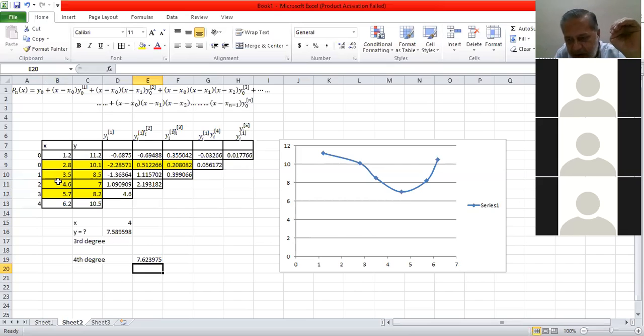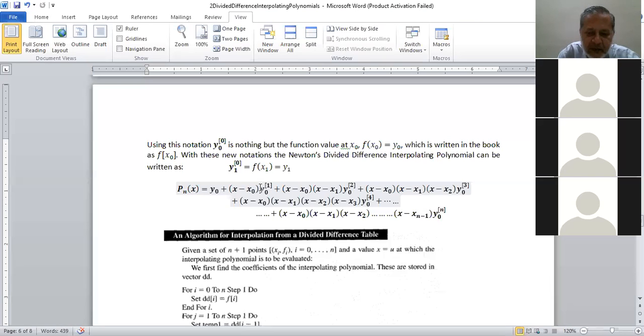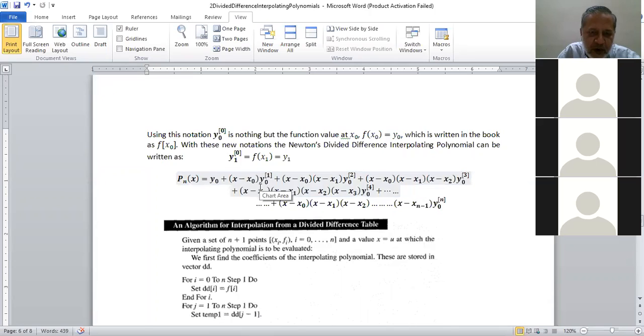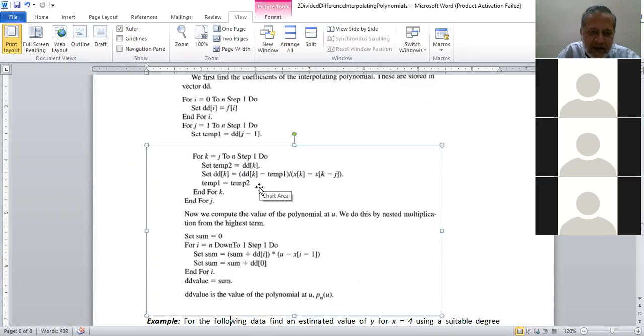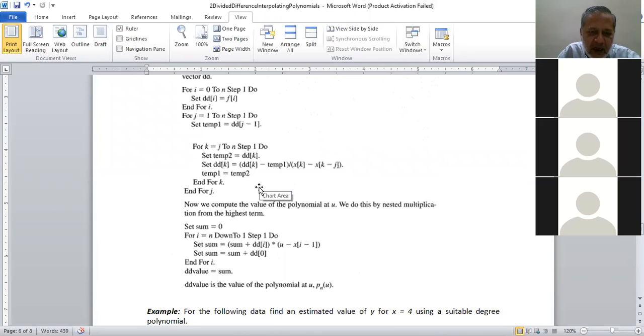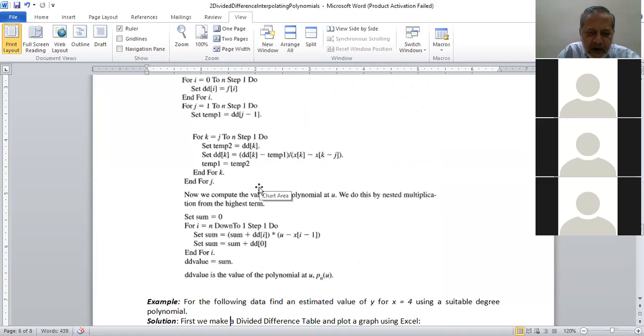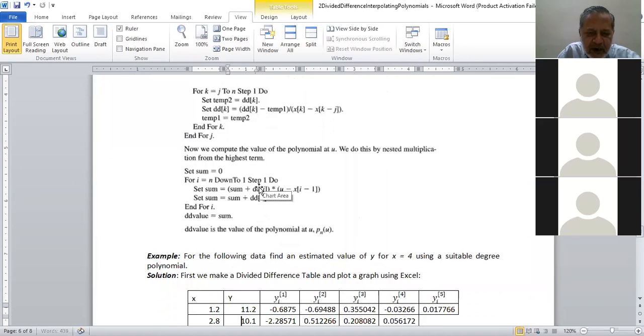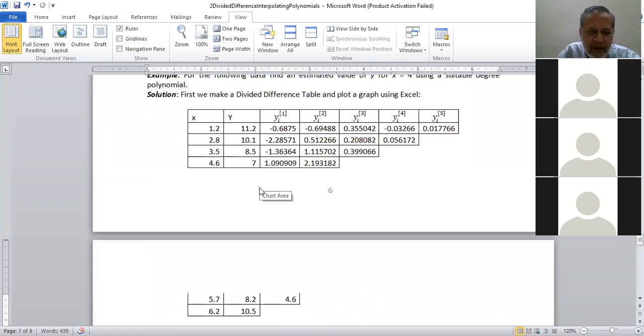With that comment, I consider discussion on how to use Newton's divided difference interpolating polynomial as complete. Uh, for those who have a flavor for programming, this is the complete algorithm. Not necessary, but if you, ये मैंने वही रिजल्ट जो हैं यहाँ पे ऐड किए हुए हैं.